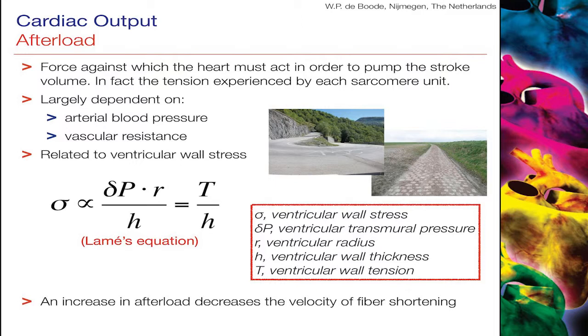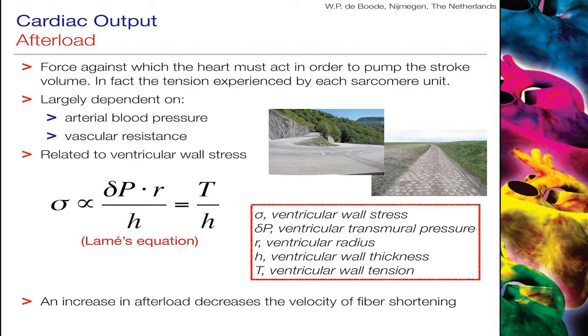It depends on arterial blood pressure and vascular resistance, and it's demonstrated in Lame's equation that the ventricular pressure depends on the transmural pressure in the ventricle, the radius, and the ventricle wall thickness. An increase in afterload will decrease the velocity of fiber shortening. An increase in afterload will decrease contractility.